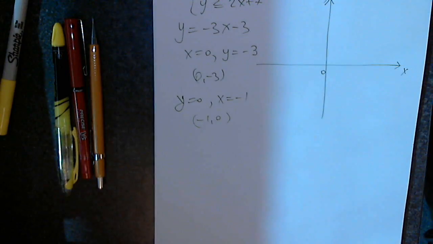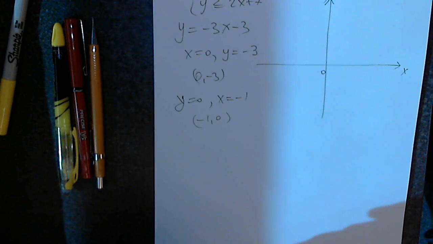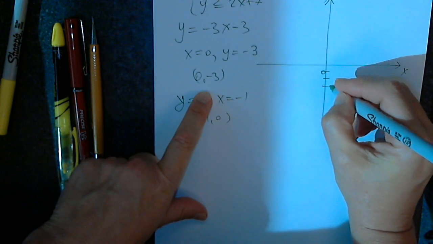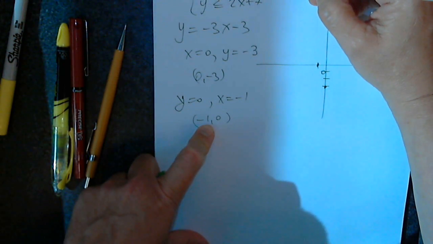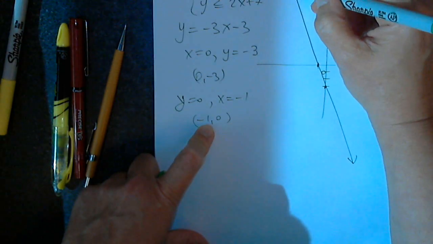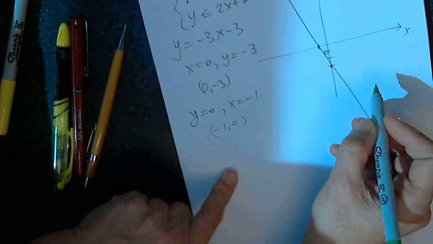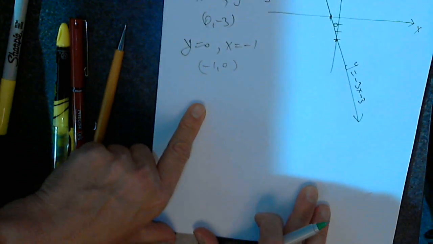Yes or no? Yes. Okay, so then the green region will be given by 0, negative 3, and negative 1, 0, and it's a solid line. And I write on it somewhere y equals negative 3x minus 3, so I know what I graphed.